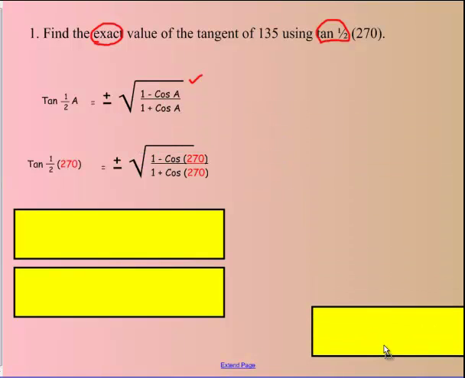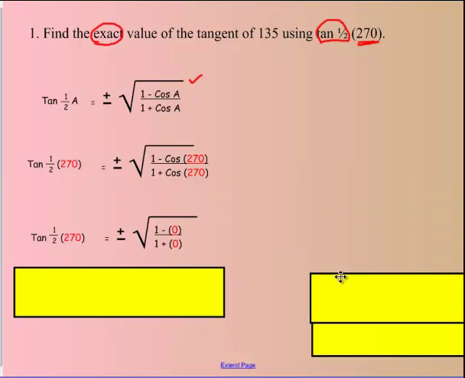Next thing I'm going to do is they wanted me to put in 270 for my angle. So every time I see A, notice I put in 270. So all I have to do now is go to my calculator and take the cosine of 270.